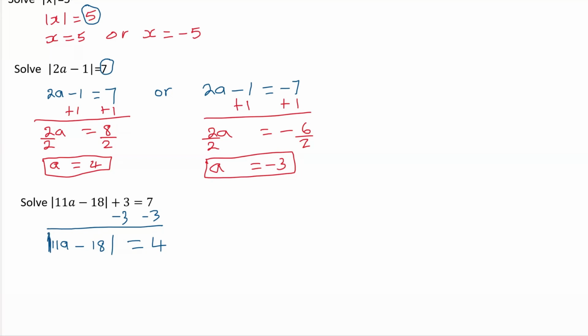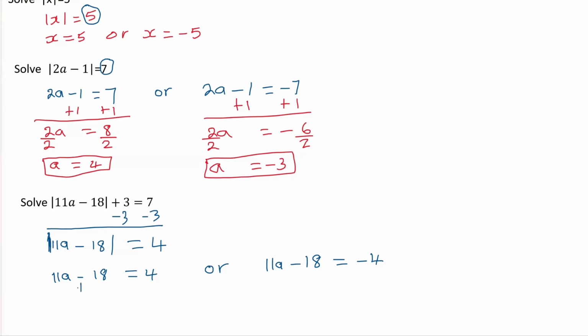All right. Now is when we separate the two equations. So you're going to have 11a minus 18 is equal to 4, or 11a minus 18 is equal to negative 4. Now we solve these two equations and then we are done.